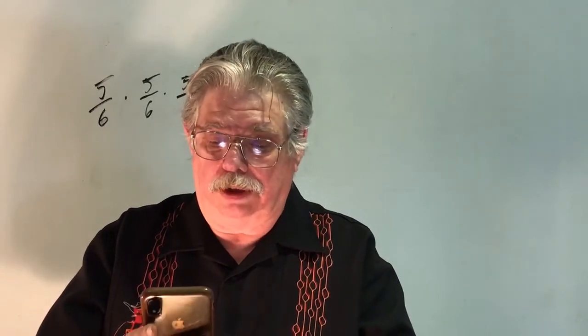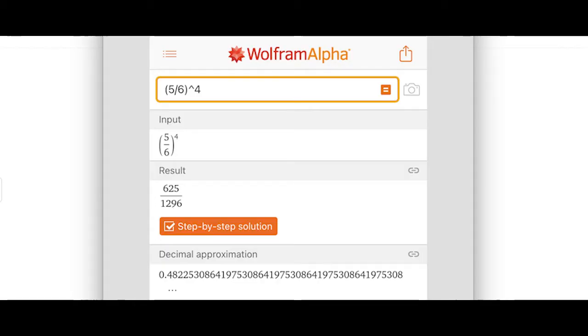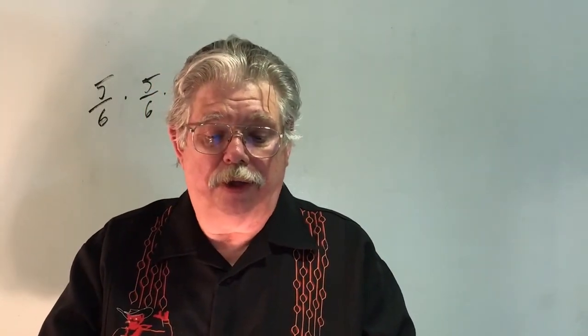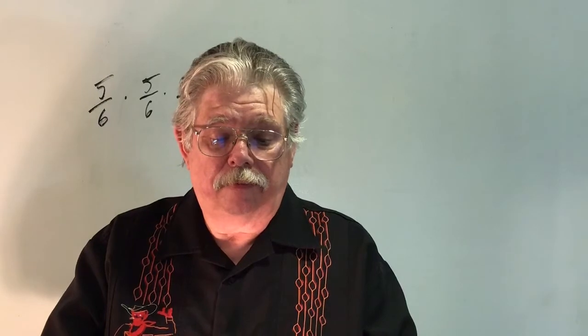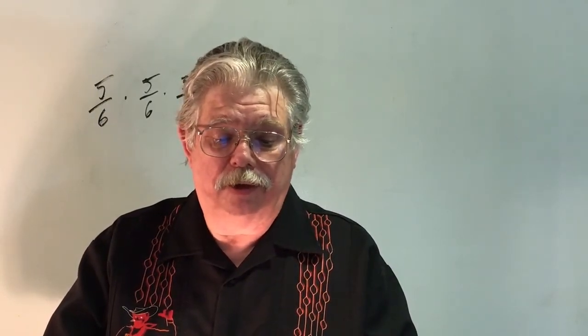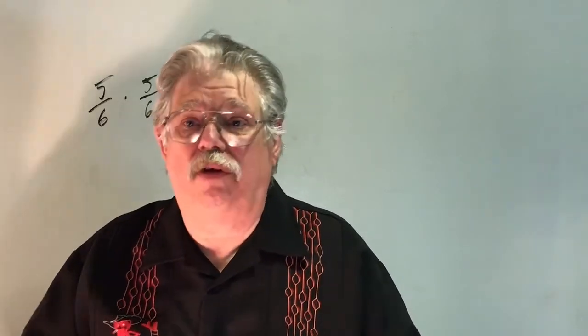So I realize I didn't warn you that this might happen, but for those of you who know what it means to take something to a power, I'm going to take 5 divided by 6 raised to the 4th power, which is just the same thing as multiplying it times itself 4 times. The result is 625 divided by 1,296. So that's about 48%, so it's a little less than half.